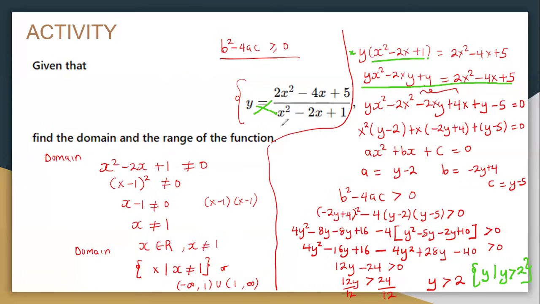The domain, we said you equate the denominator to 0, such that you get that value of x that does not make sense, that is meaningless. When you are stating your domain, you exclude that particular value, because at that value there is not any output.